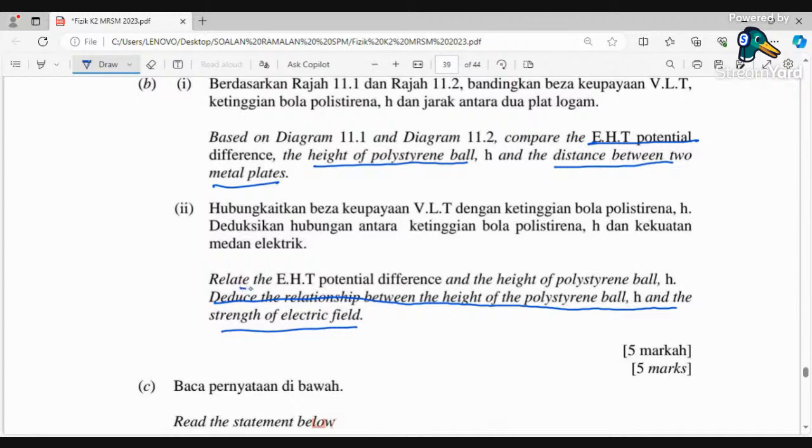Okay, relate first the potential difference in height. Then deduce the relationship between height H and strength of electric field. So 5 points. Okay, I think this can be done.